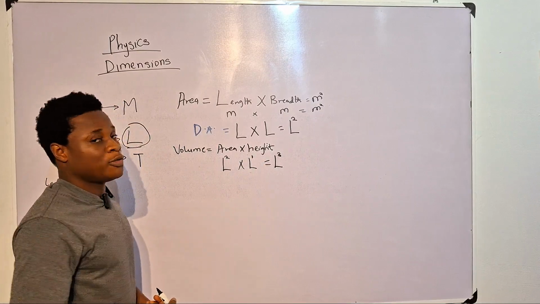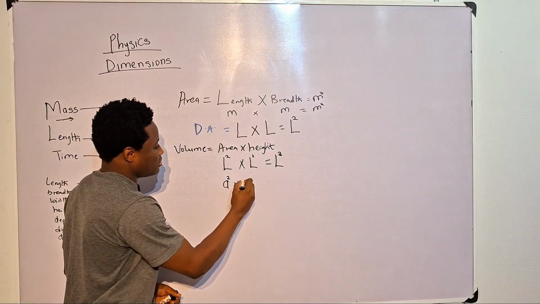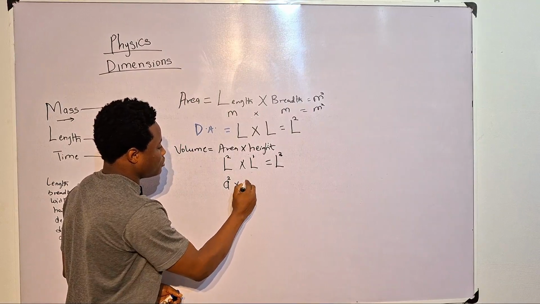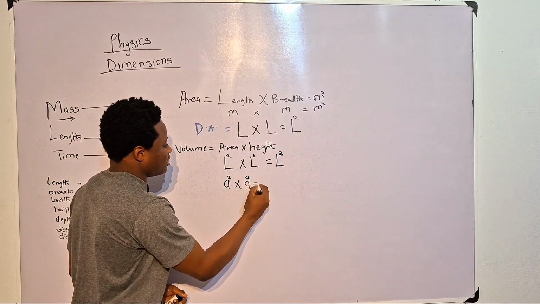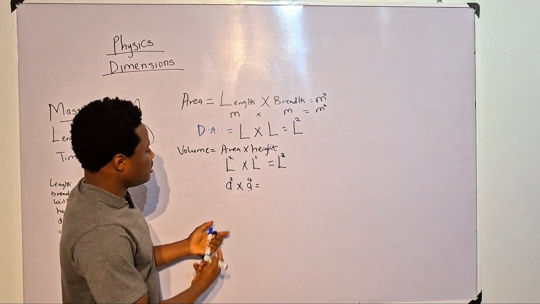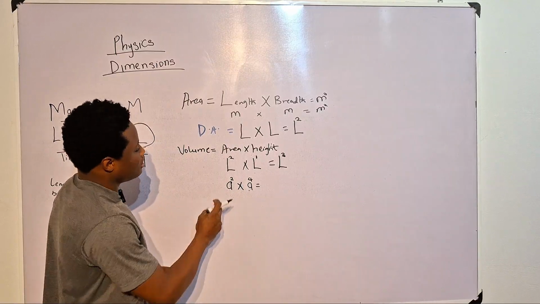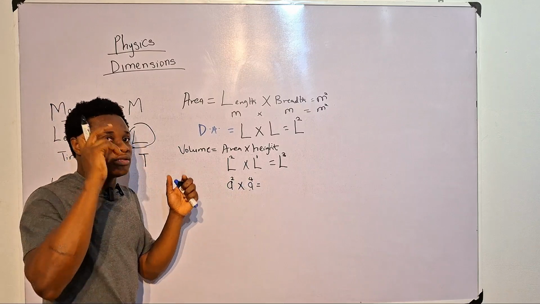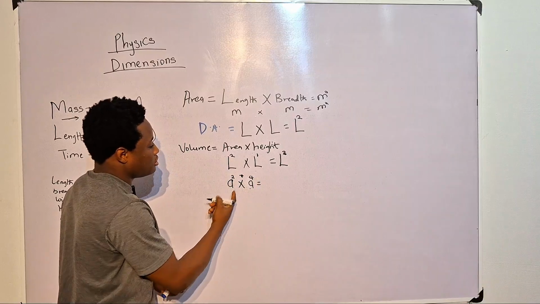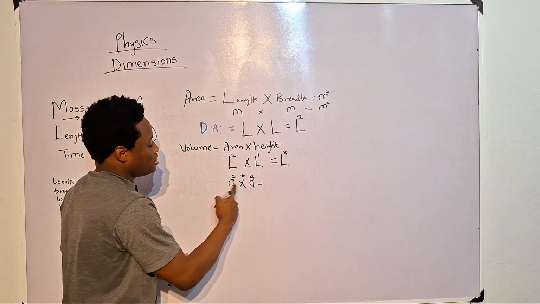In indices, the product rule says that if we have A raised to power 2 times A raised to power 4, this product rule states that if we have the same base carrying different index powers, we have to add the index powers. So 2 plus 4 gives us 6, and we now take one base because they are still the same thing.